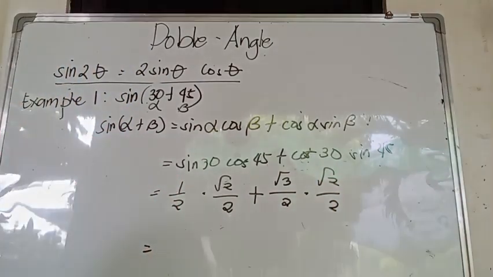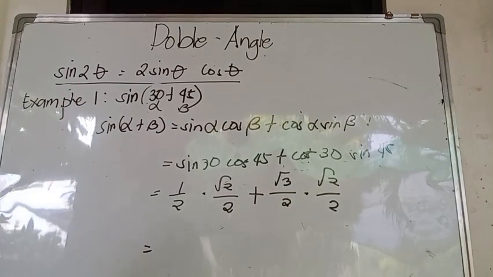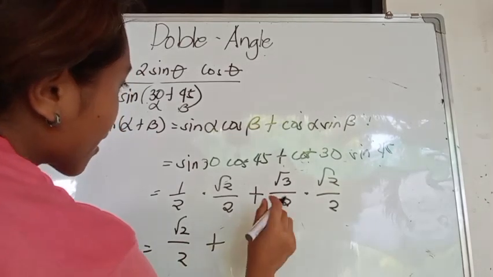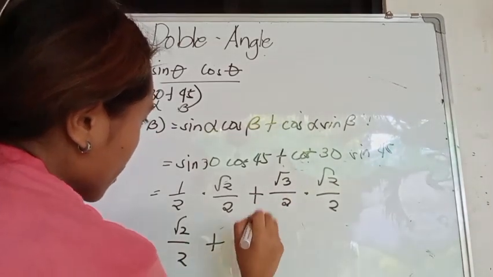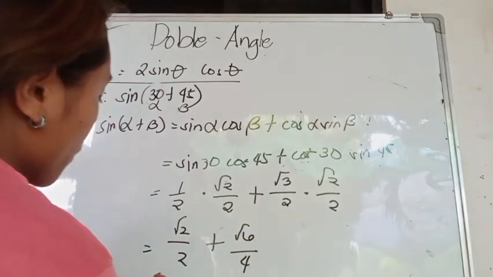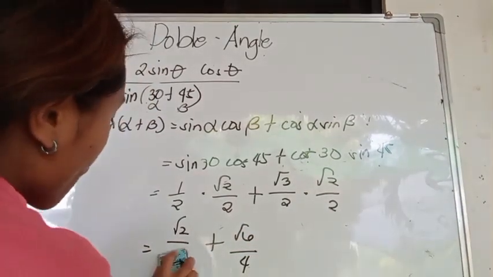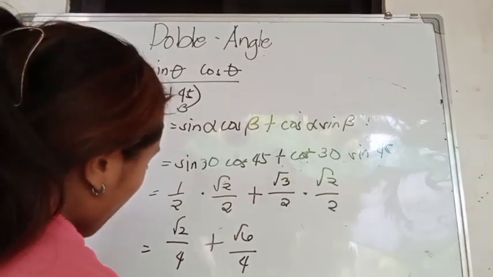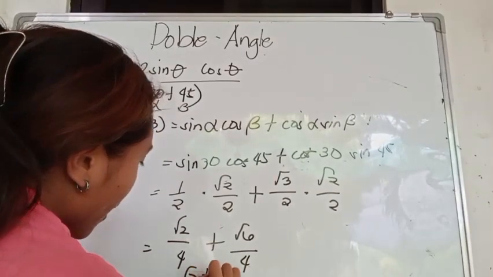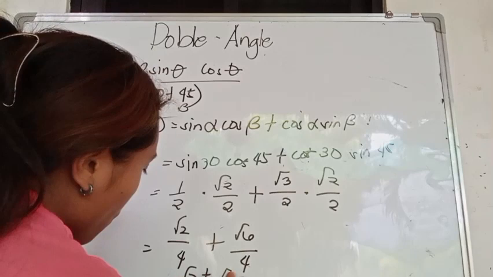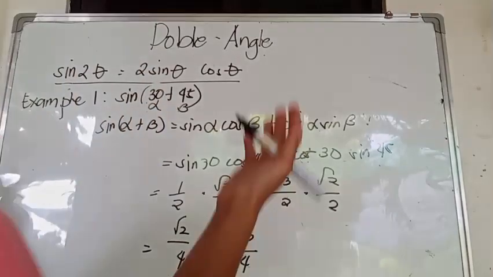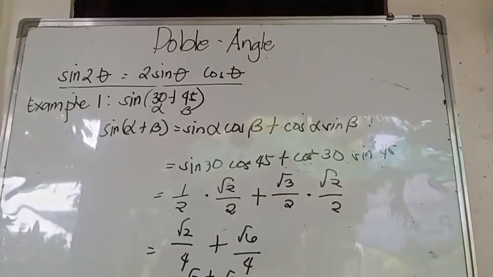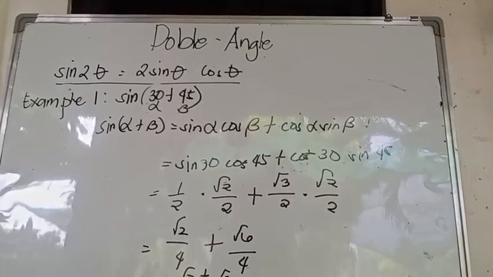Then we multiply: square root of 2 over 4 plus square root of 6 over 4. It is 4 rather, not 2, I'm sorry. So we write it as square root of 2 plus square root of 6 over 4. Then that's it for our example in the double angle formula.